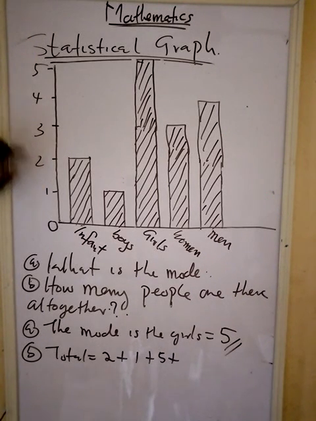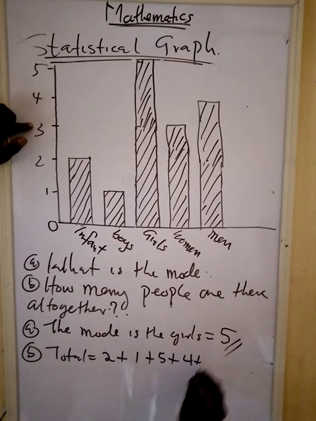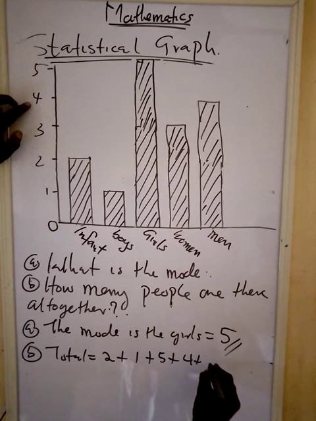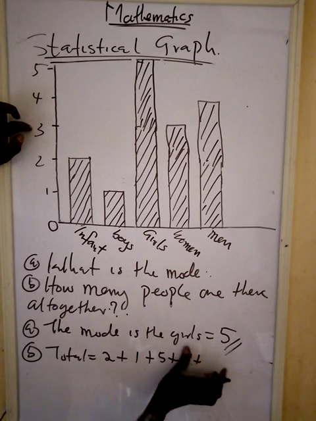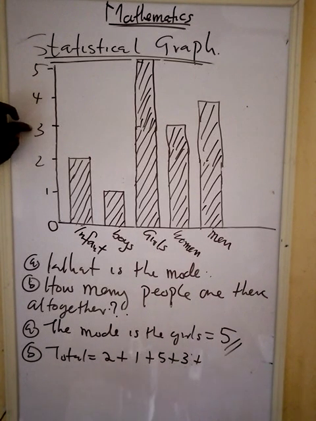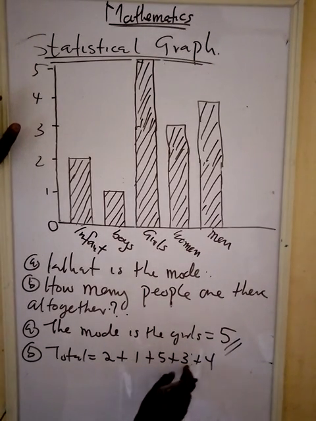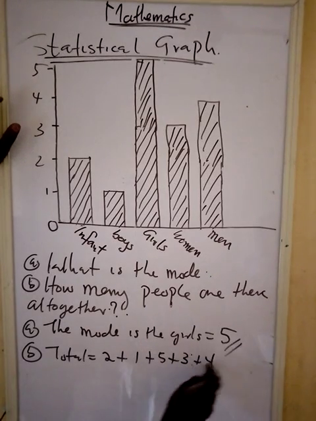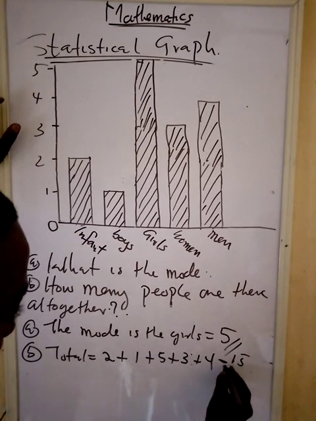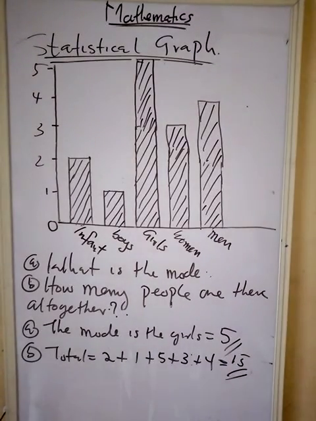Plus women, women are 3, sorry. Then men, they are 4. 2 plus 1 is 3. Plus 5 is 8. 8 plus 3 is 11. 11 plus 4 is 15. That's how we can use bar charts to answer questions in examination.